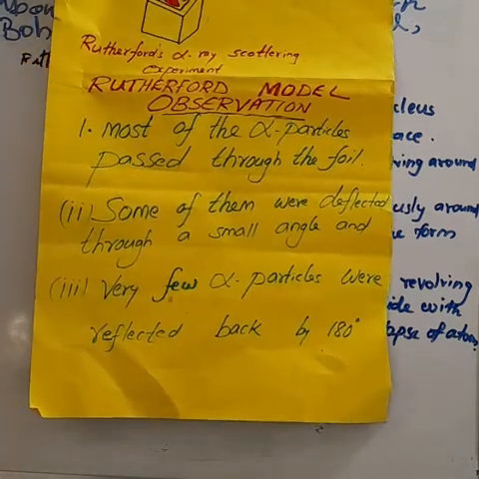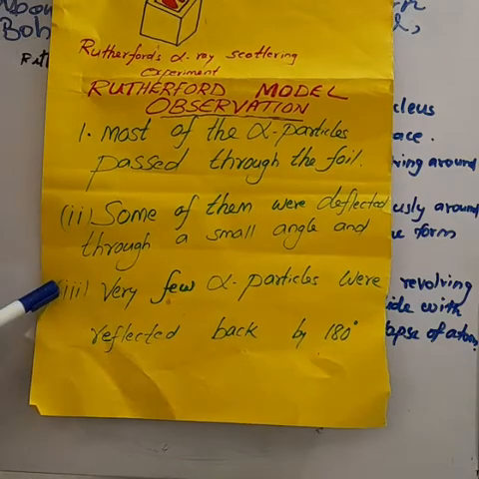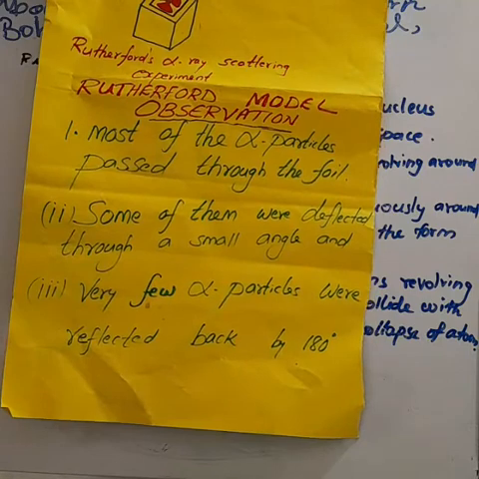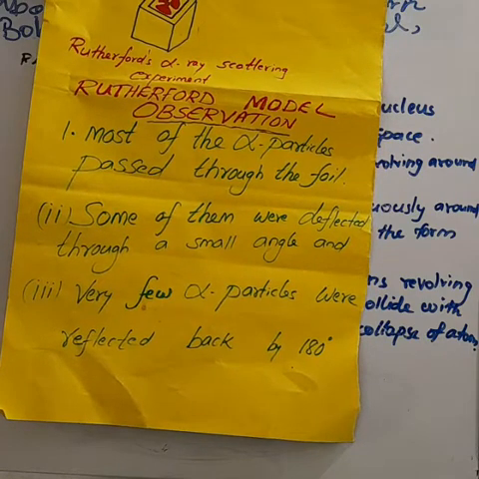What did he propose about most of the alpha particles passing through the foil? From this, what did he find out?